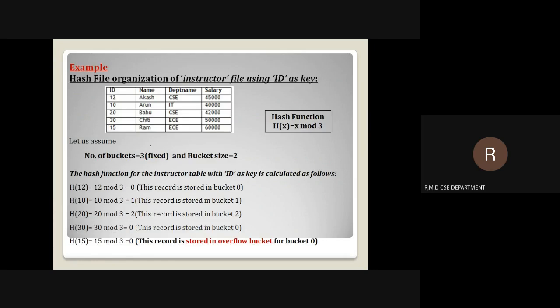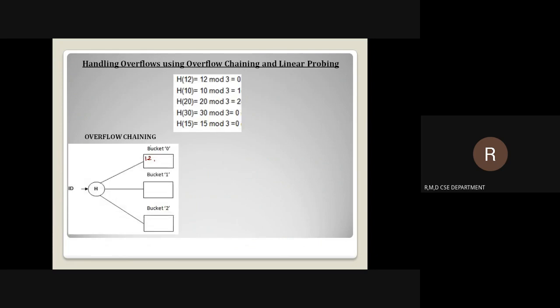That is this particular record, whose name is Akash, CSE, and 45,000. 12 goes here, and the second record with ID 10 goes to bucket number 1, 20 goes to bucket number 2, 30 goes to bucket number 0, and 15 again goes to bucket number 0.